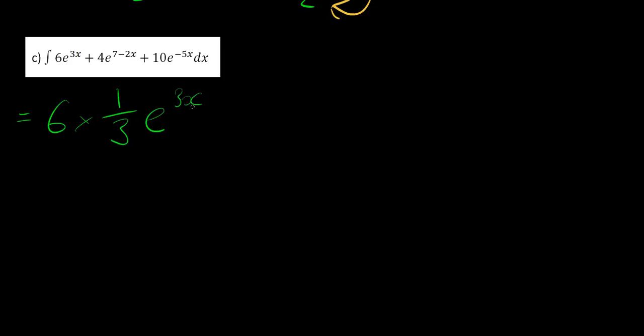Over here we have 4 multiplied by 1 on negative 2, e to the power of 7 minus 2x. Remember, the 7 over here doesn't really matter. You can take e to the 7 to the front, but we're only interested in the coefficient of x, which is negative 2. That's why it's over here.